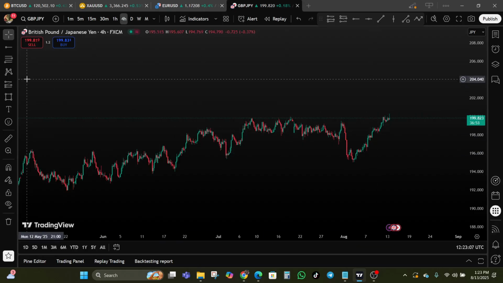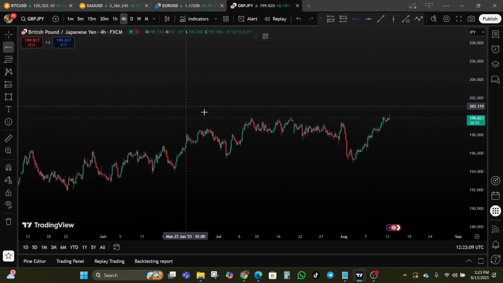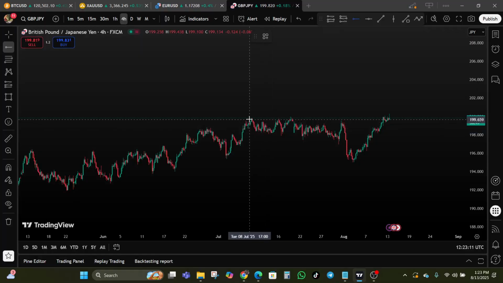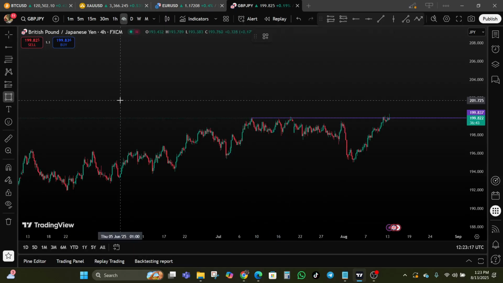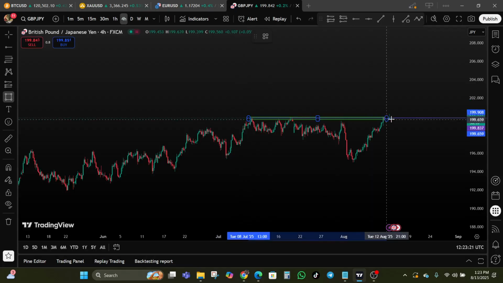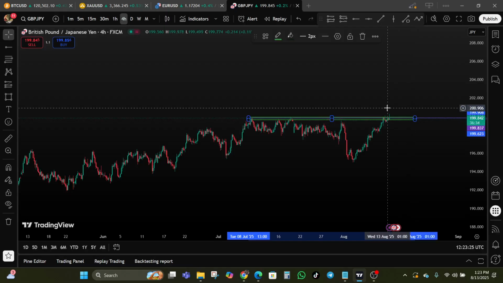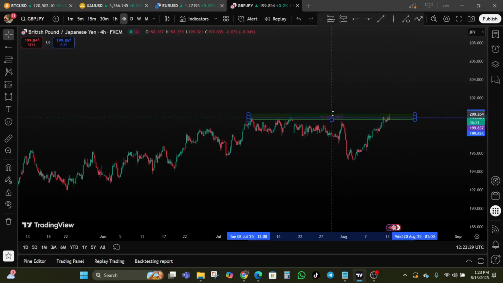Now we can see that this is one of the areas where we're going to be having liquidity, because this is an area of resistance where price is finding it hard to climb above. And we're going to have buy side liquidity around here because once a breakout occurs, the next thing for traders to do is to enter a buy trade.